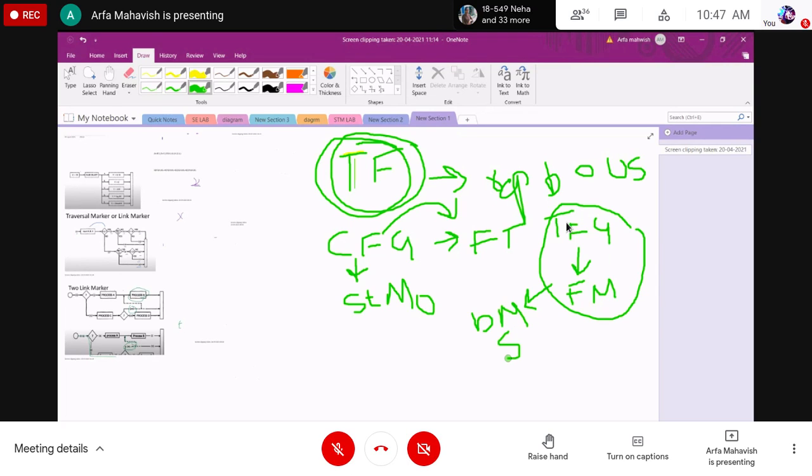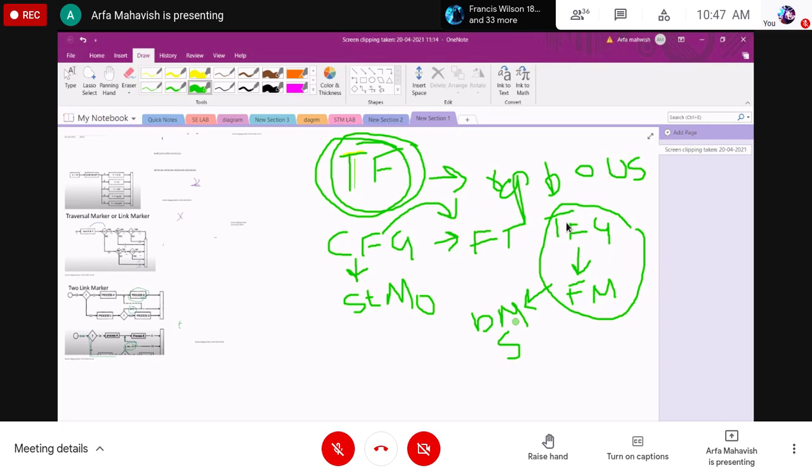So the steps taken from one stage to another, and how they behave in that stage, will be displayed in the transaction flow graph. It will be tested as functional testing.